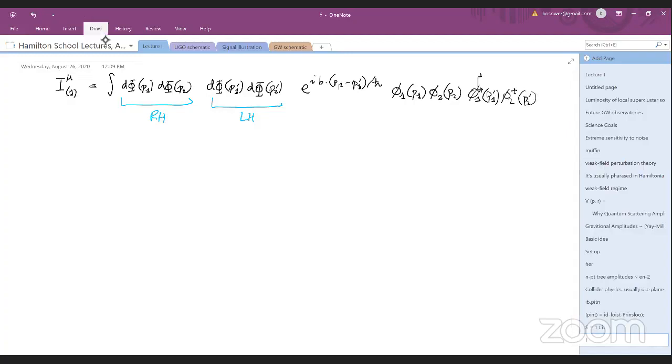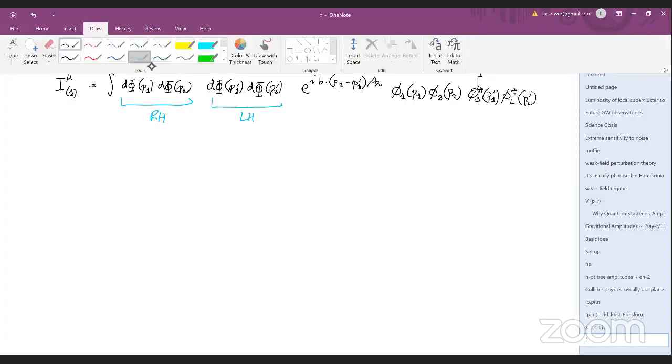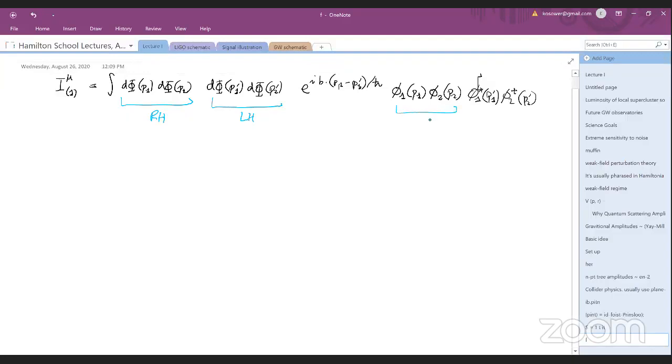So again, this is from the right-hand side, and this is from the left-hand side. Then, of course, we have the actual operator that we're measuring, which is the momentum of particle 1, or the object that's carrying the charge corresponding to particle 1.